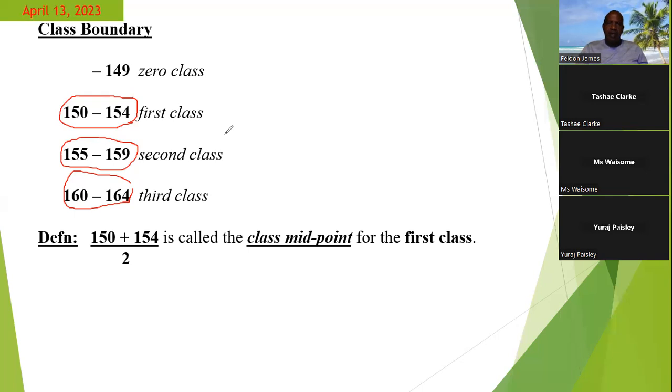Yes, sir. Right, but for each class, there is a boundary. And when I talk about a boundary, it is something that bounds you or separates you, in terms of a fencing or a line.